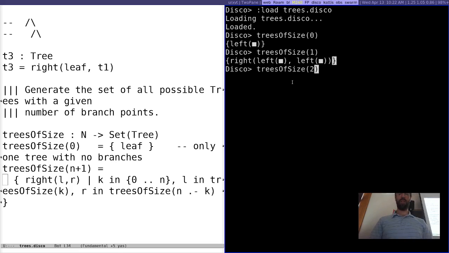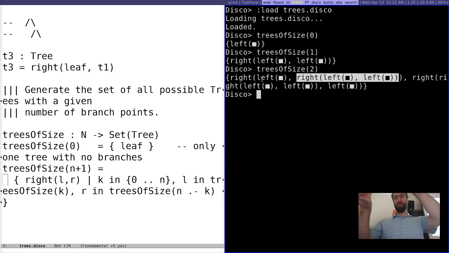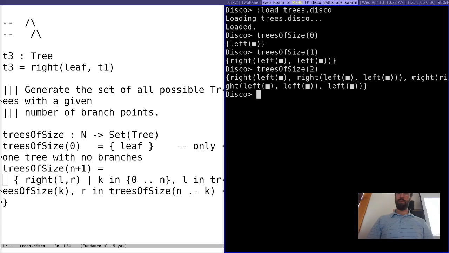If I say trees of size 2, it gets a little hard to read these, so I'm not going to keep doing this too much longer, but we can look at it. So this is where the first one is just a leaf, and then the thing on the right is this thing. So this is the one that has the branch on the right side, and then here is the one that has the branch on the left side.